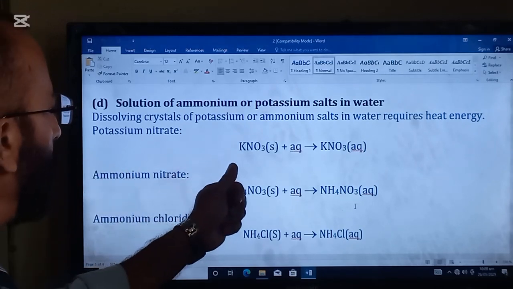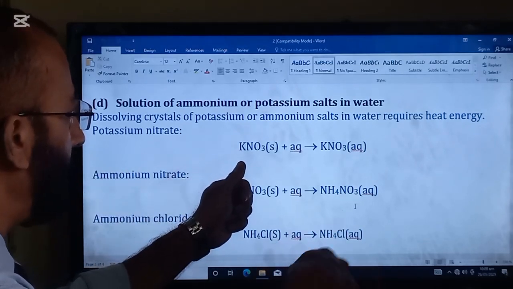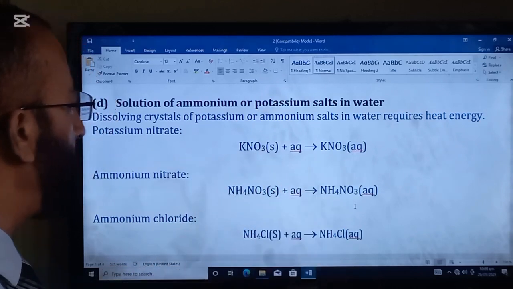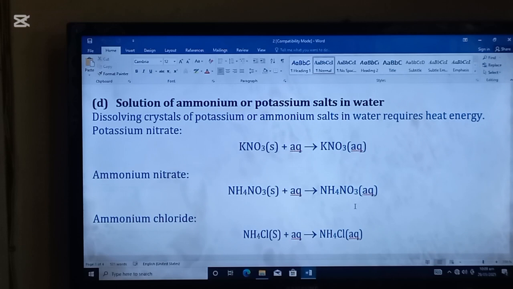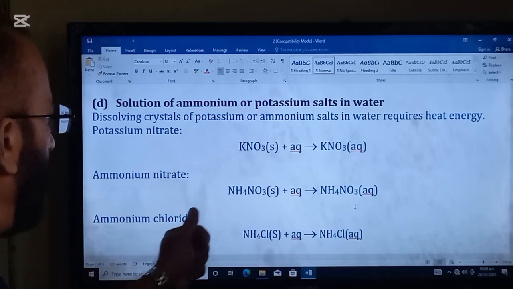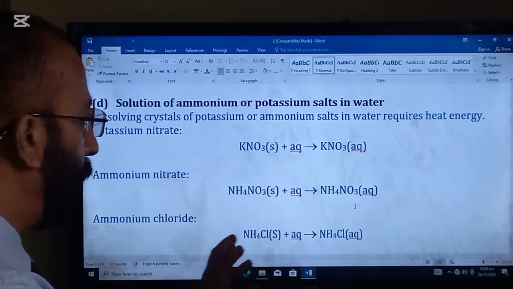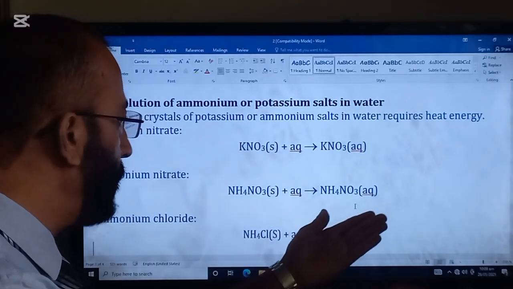For example, potassium nitrate dissolving in water requires energy to dissolve, forms potassium nitrate aqueous solution. Dissolving ammonium nitrate in water requires energy, forms ammonium nitrate aqueous solution.